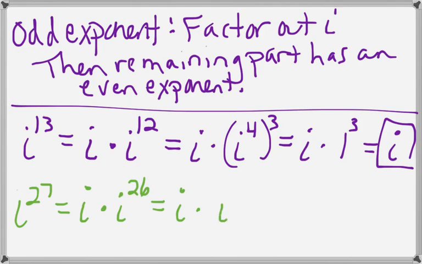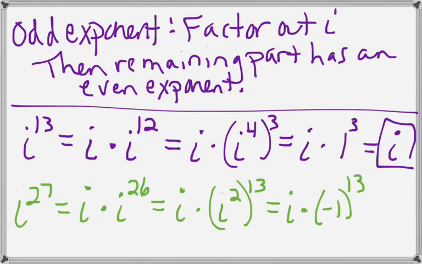So i to the 26th we could write as i squared to the 13th, since 2 times 13 is 26. So i times, i squared is -1, and -1 to the 13th. -1 to an odd exponent is going to be -1. So we have i times -1, which is -i.